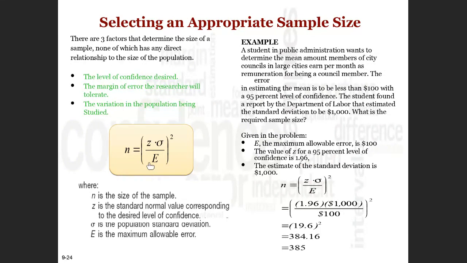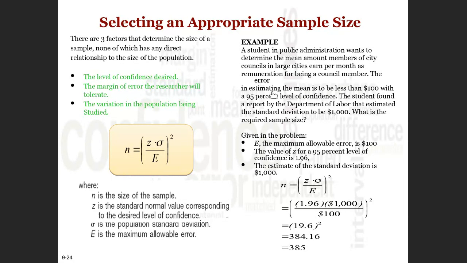And the formula: n is the sample size, z is the standard normal value corresponding to the confidence level, sigma is the population standard deviation, E is the maximum allowable error. So in this example, a student in public administration wants to determine the mean amount members of city councils in large cities earn per month as remuneration for being a council member.